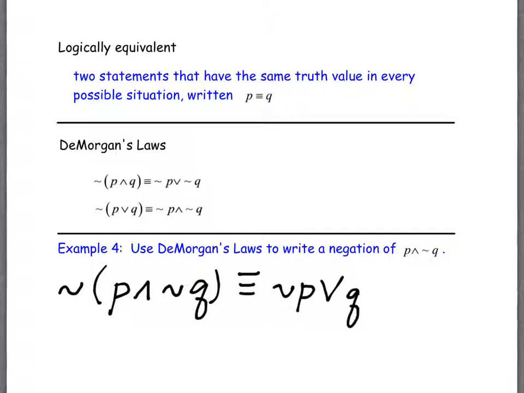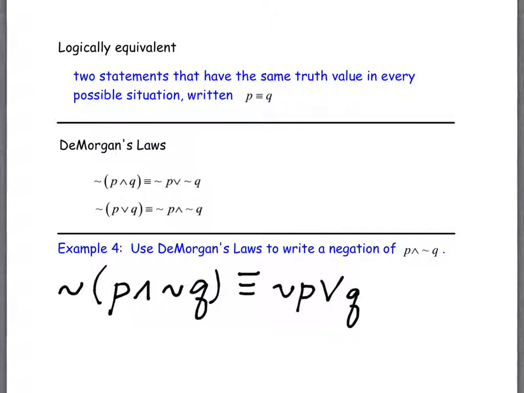Q. So the first statement P becomes its negation tilde P. The and becomes an or, and the tilde Q becomes its negation, and the negation of tilde Q is simply Q. Does that make sense?